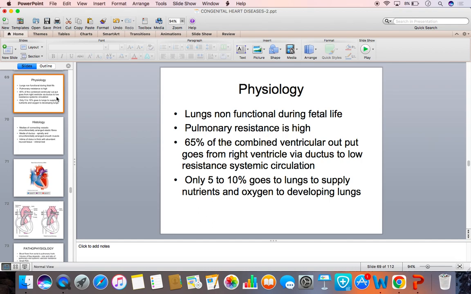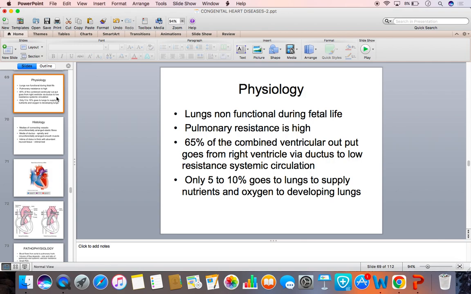Well, coming to the physiology. In fetal life, lungs are non-functional. Pulmonary vascular resistance is very high. Nearly 60% of the combined ventricular output goes to the right ventricle via the ductus to low resistance systemic circulation.